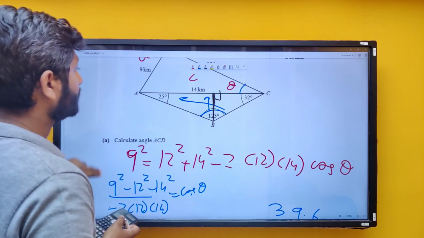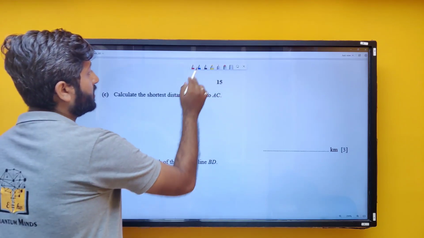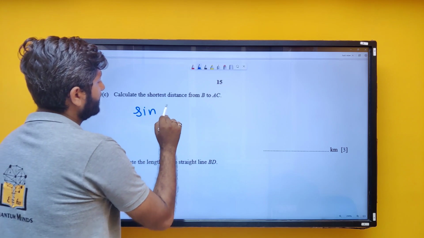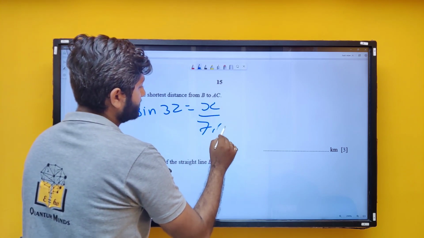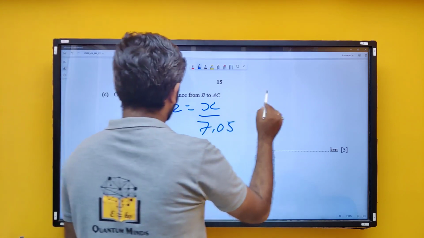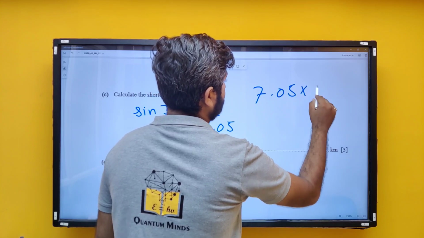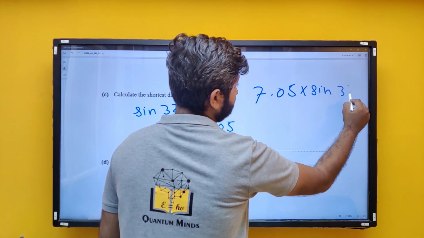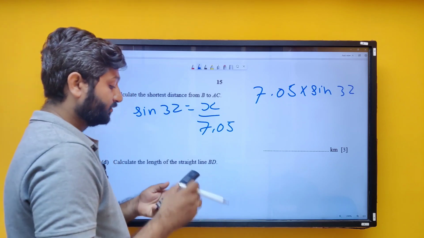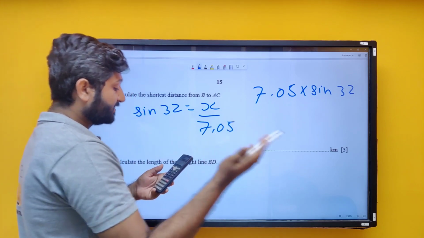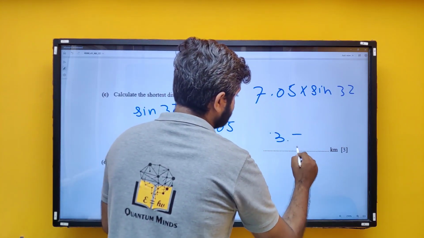Sine 32 equals x upon the hypotenuse, which is 7.05. So x is 7.05 into sine 32, which is 3.735, or I'll write it as 3.74.